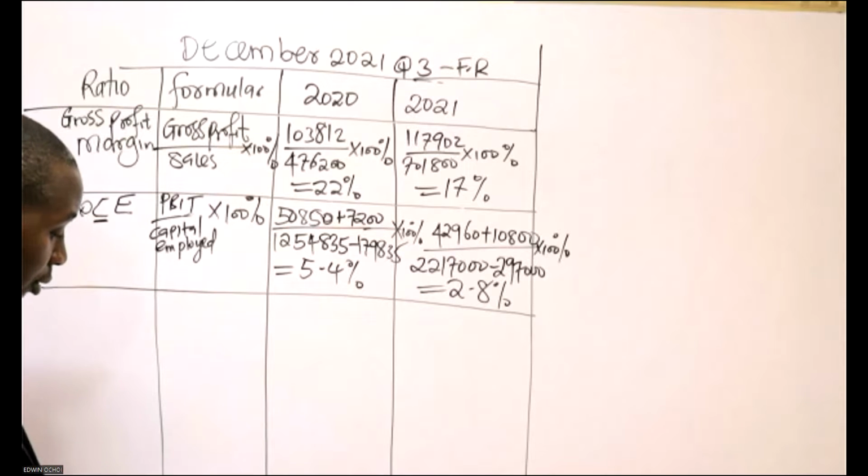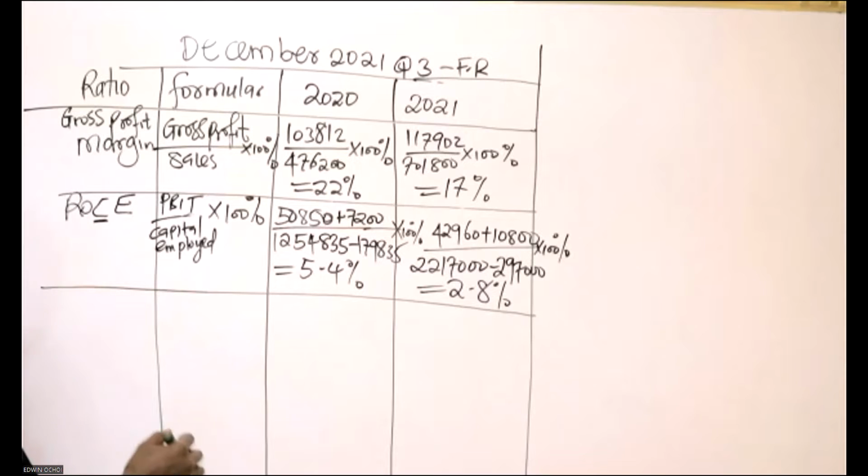So the third one was? Excuse me, sir. Is return on equity the same as return on investment? Yeah, that one is the same. Mwalimu, I don't think they're the same.